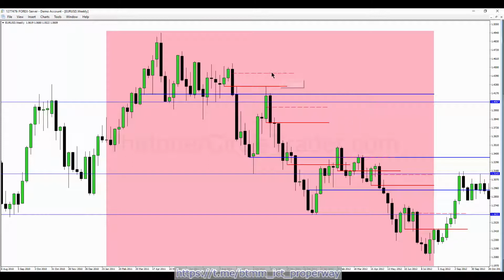Okay, so now we have all the mean thresholds of the bearish order blocks. This one's here overlapping with a monthly order block's open. Mean threshold of bullish order block in here, but combining both the bodies.